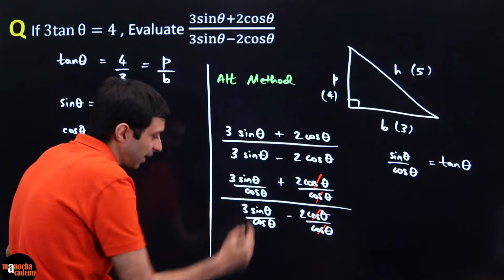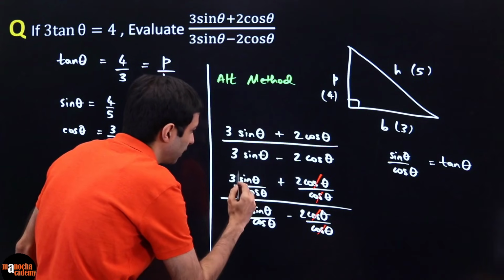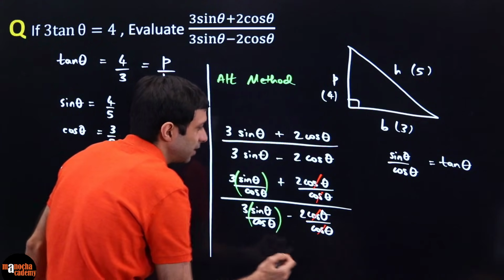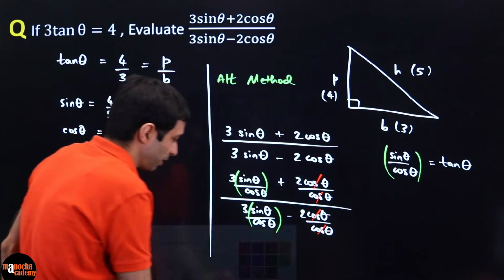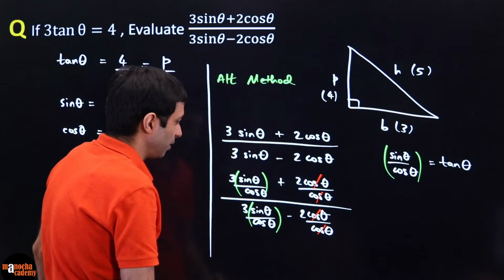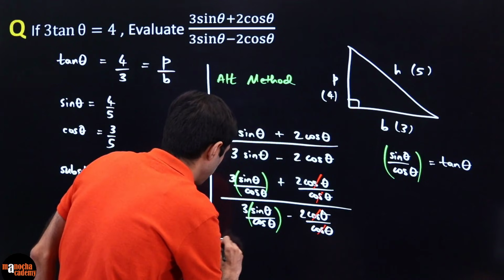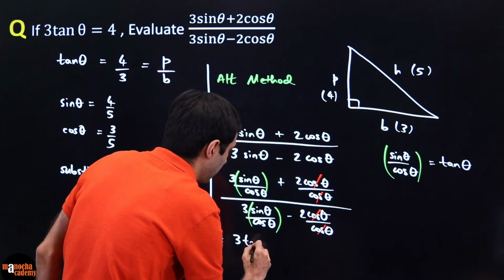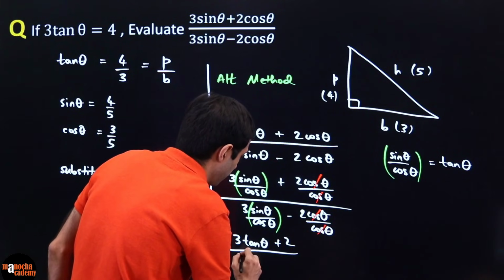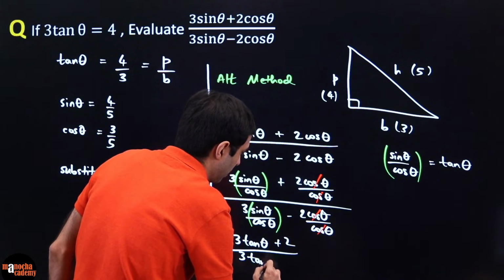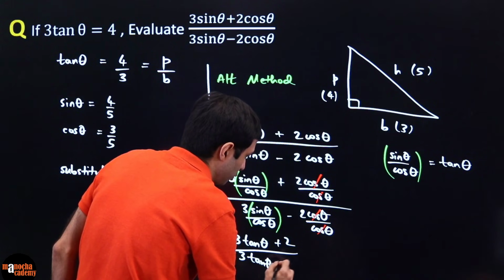And what is this sine theta by cos theta? This is nothing but your tan theta. So what remains of this fraction is what? We finally get this fraction becomes 3 tan theta plus 2 divided by 3 tan theta minus 2.